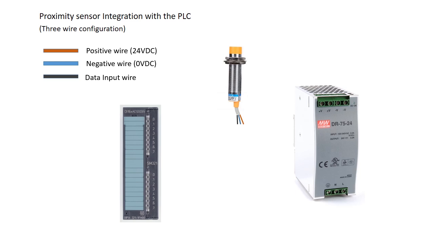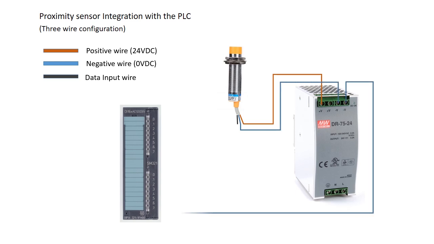In this setup, the brown wire of the inductive proximity sensor is connected to the 24 DC volt positive terminal of the power supply, while the blue wire is connected to the negative terminal. The black wire, which is the data or signal wire, is connected to the PLC input terminal that accepts digital signals.